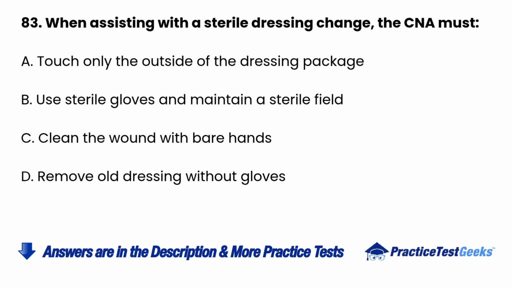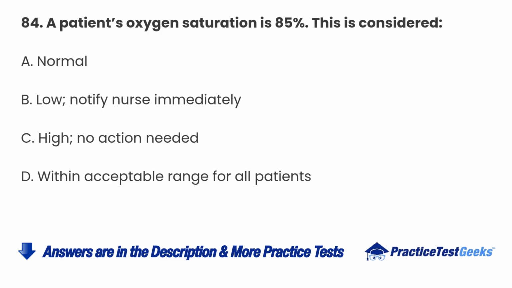When assisting with a sterile dressing change, the CNA must: A. Touch only the outside of the dressing package. B. Use sterile gloves and maintain a sterile field. C. Clean the wound with bare hands. D. Remove old dressing without gloves.